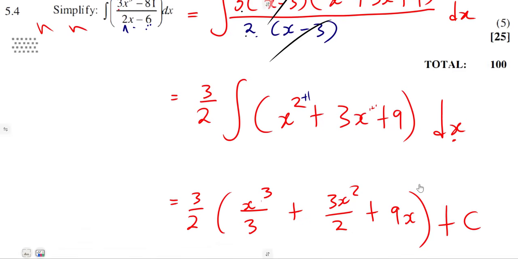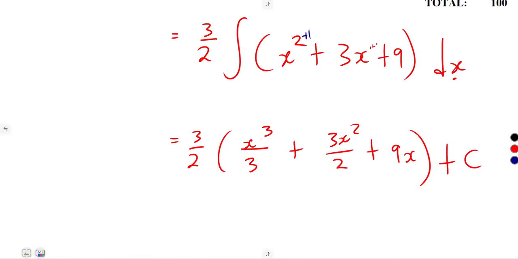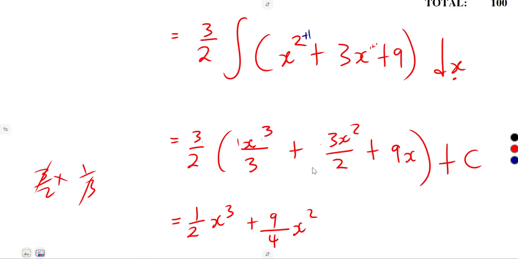You can even leave your answer like this. Or you can multiply throughout by the 3 over 2. So 3 over 2 times 1 over 3 is going to cancel, giving us 1 over 2 x cubed. 3 over 2 times 3 over 2, numerator to the numerator, that's 9, 2 times 2, that's 4, so it's 9 over 4 x squared.